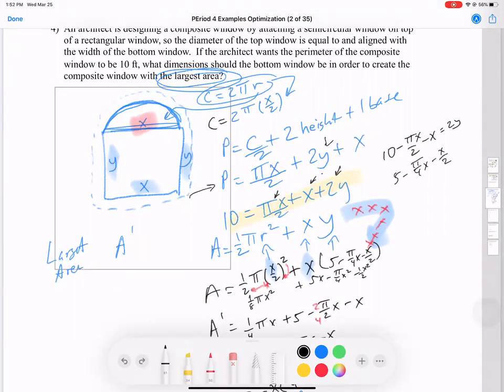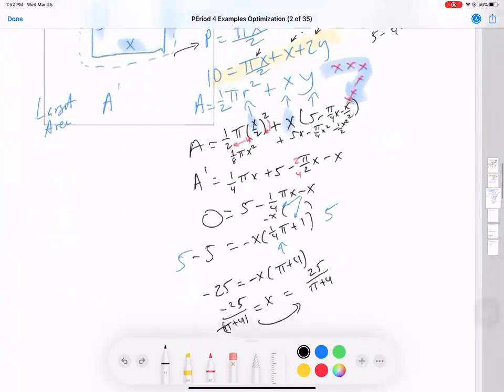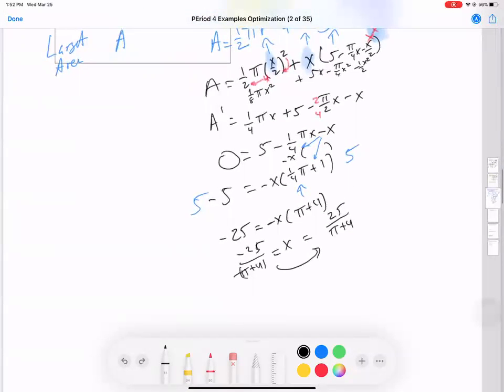The dimensions would be x, and the y is this crazy equation over here. Hopefully, did I make a mistake anywhere?